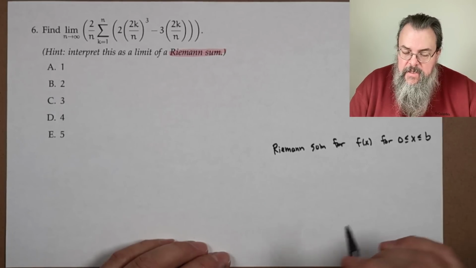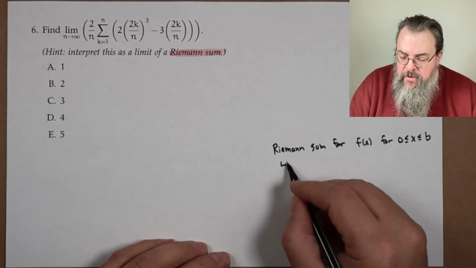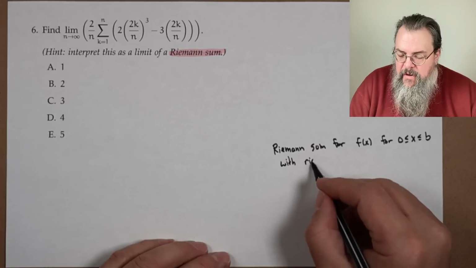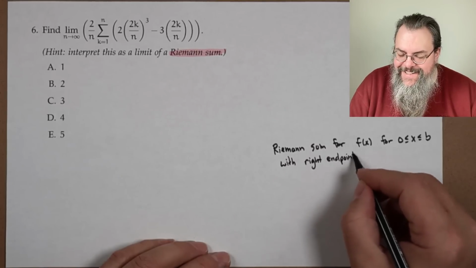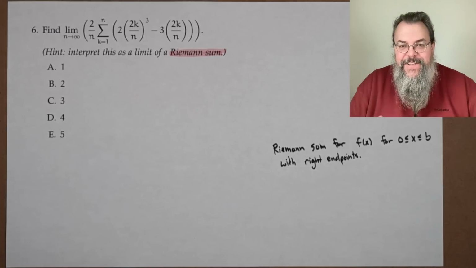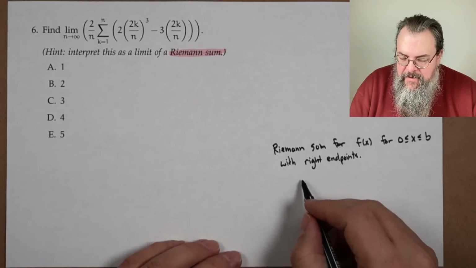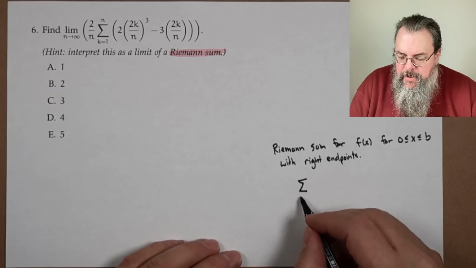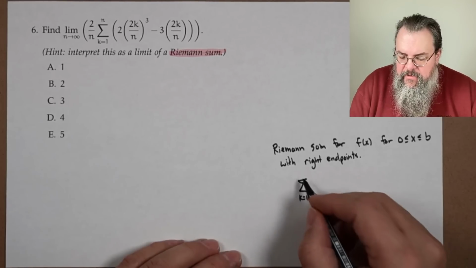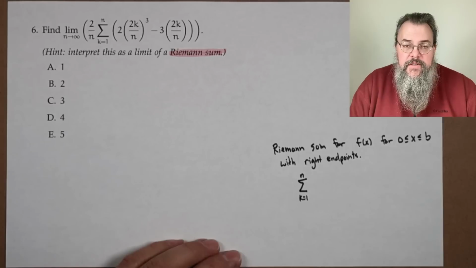Now, with the right endpoints. Not the left ones, the right ones. So then what you have is a sum, and you have n rectangles, so you have n parts.